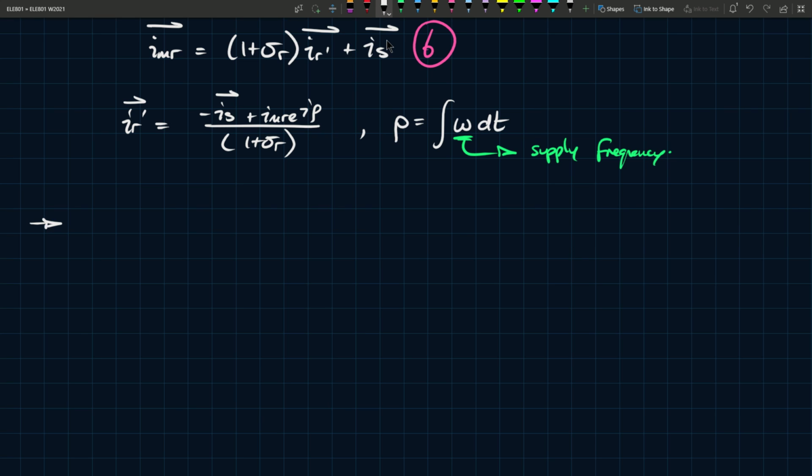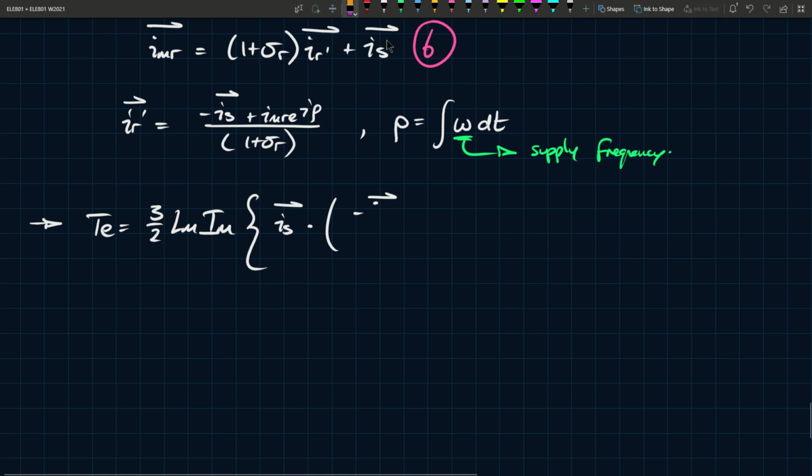But the torque basically can be rewritten as Te equals 3/2 Lm, the imaginary part of Is times minus Is plus IMR e to the j rho over 1 plus sigma r, and this is conjugate. This is the reason why we rewrote the equation above for IR, because we want to use it in this expression here.